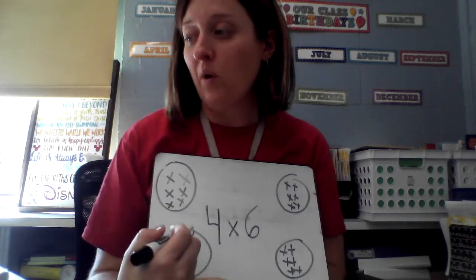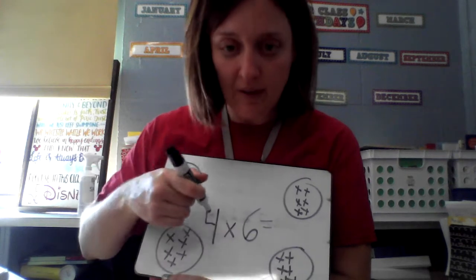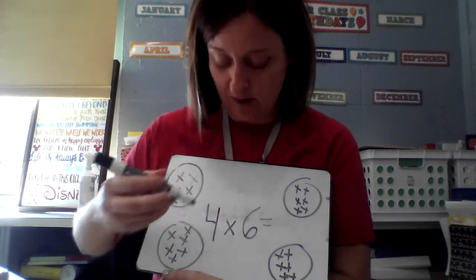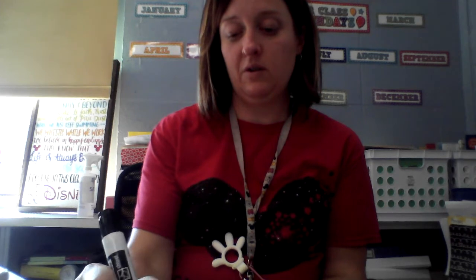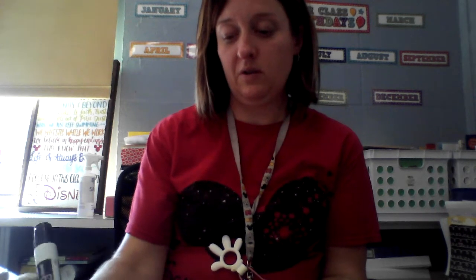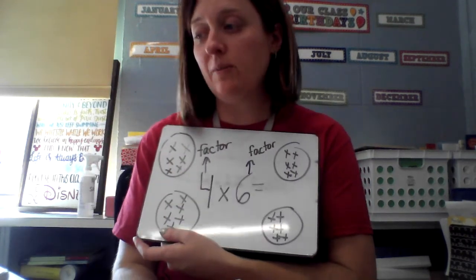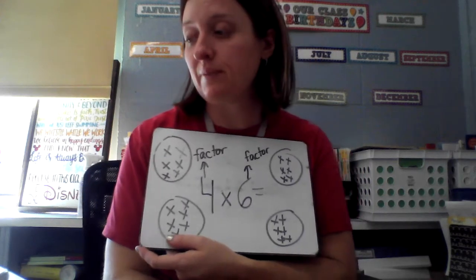So I would say that 4 times 6 equals, now boys and girls, these two numbers right here, 4 and 6, those are both called factors. Both of these are called factors.